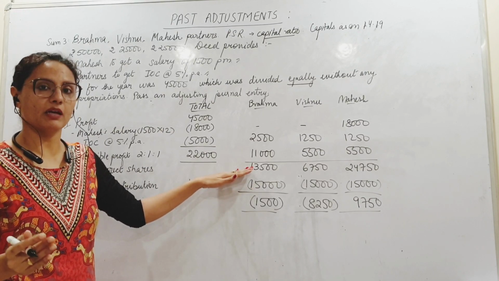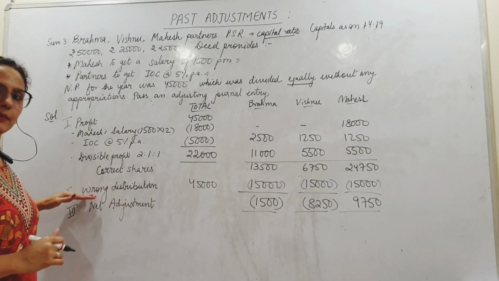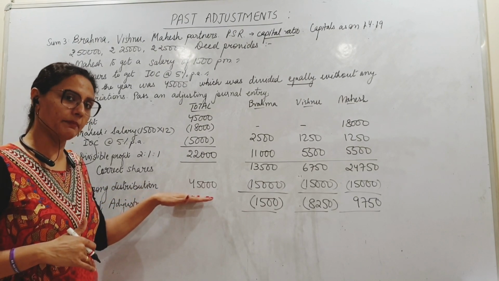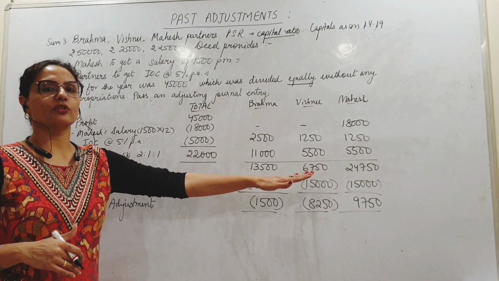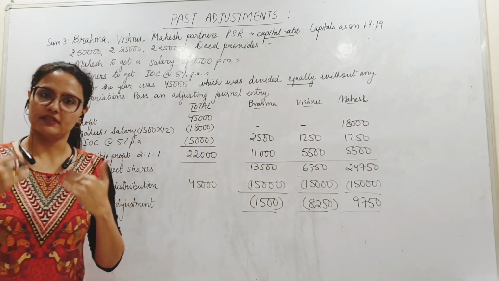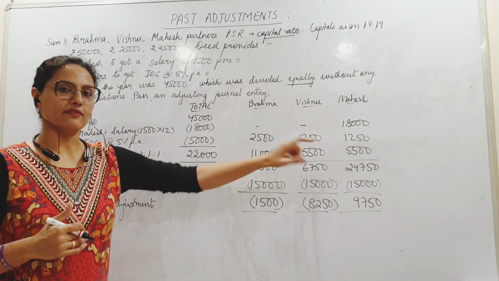We need to give this amount only. But how much have we already given to them? Step 2, the wrong distribution that we have to take away from them, take back. It was distributed equally, no appropriation was done. So 15, 15, 15 was given, right? So 15 we take back. This we have to give.